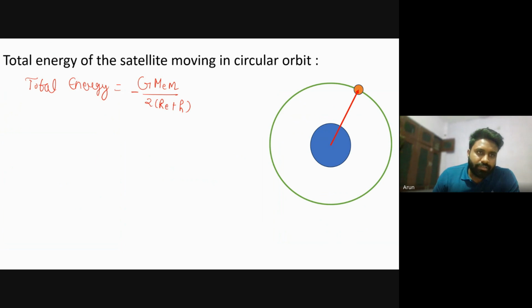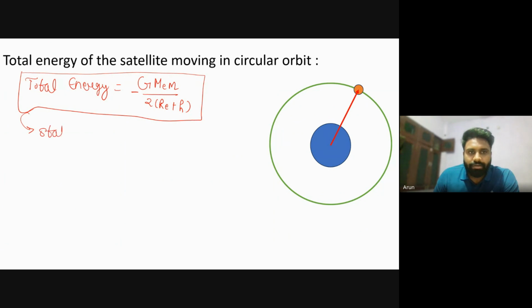So this energy is negative. That means this satellite remains in stable equilibrium. It is a stable equilibrium.